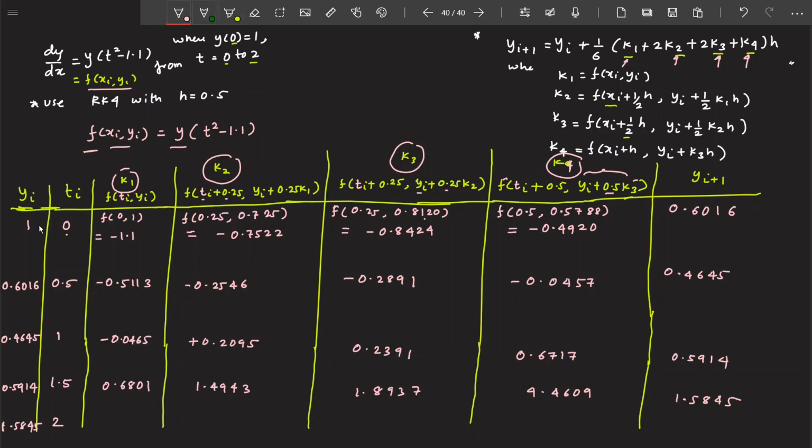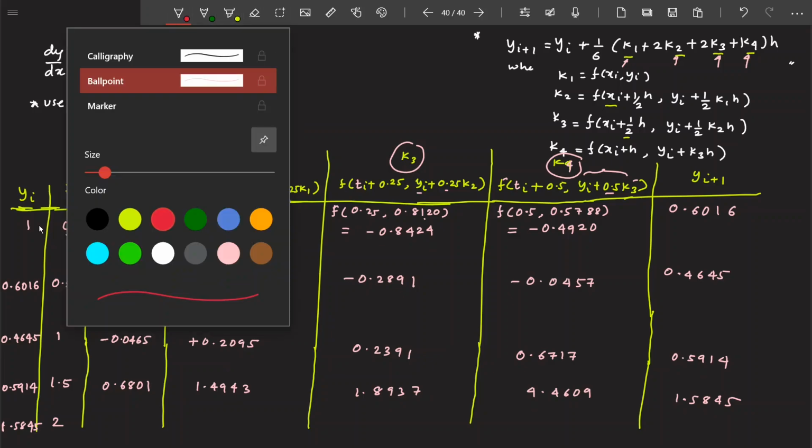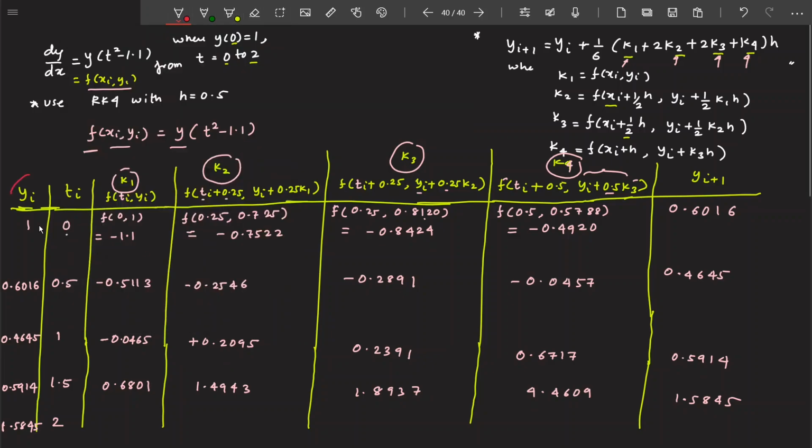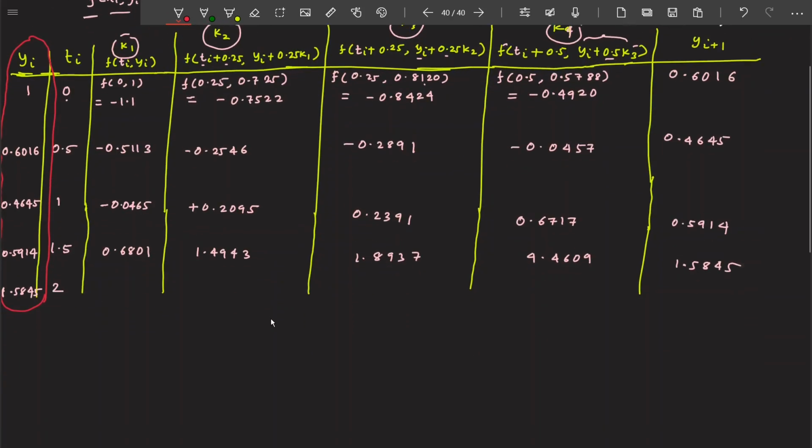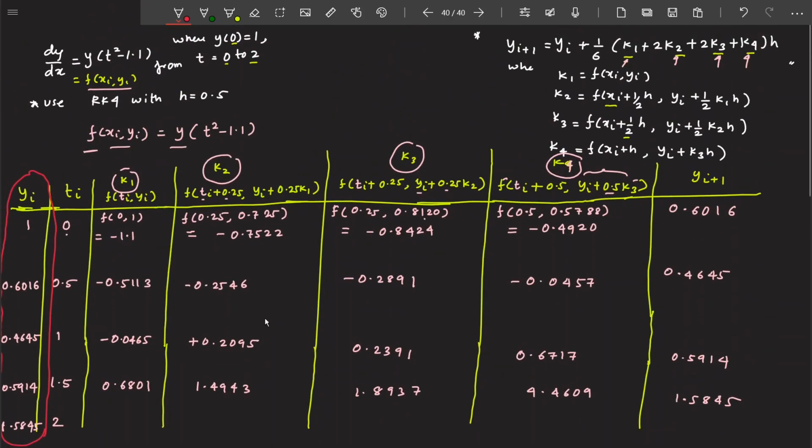So basically what we are interested in is this column, and we have found out the value of this. This is the value of y, and we're done here. This is how you will solve the problem by Runge-Kutta method, fourth order Runge-Kutta method.